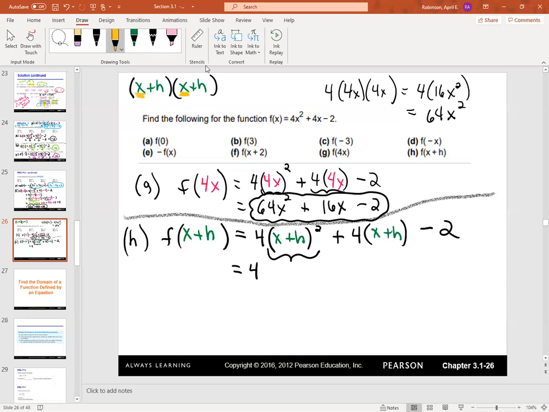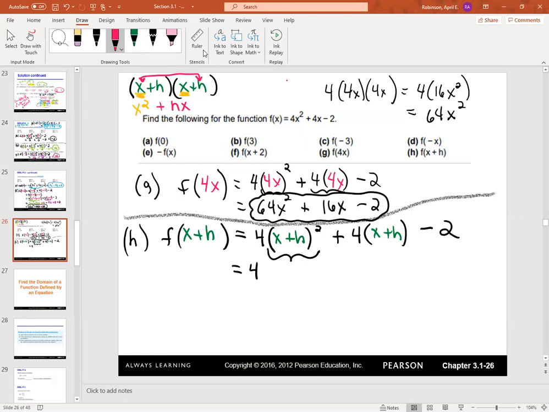First times first is x squared. Then you're going to do your outsides. Well, x times an h is an hx if I put them in alphabetical order.